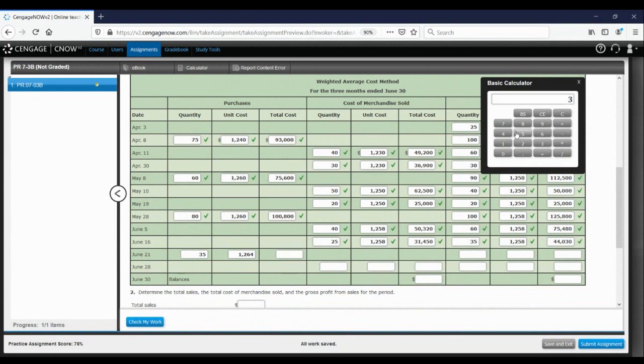So 35 units times $12.64 equals $44,250. Well, maybe not. 240. Got to type it in right, or key it in.